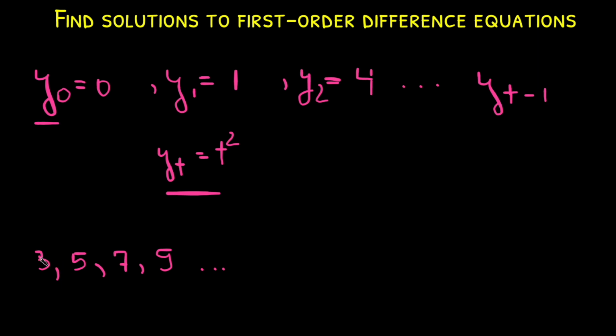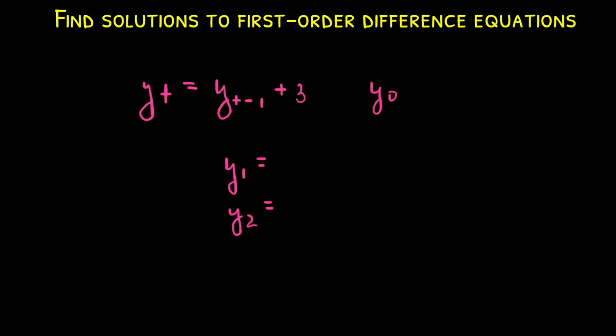The sequence 3, 5, 7, 9, and so on to infinity may be described by the formula yt equals 2t plus 3, in which the index t must be bigger than or equal to 0.